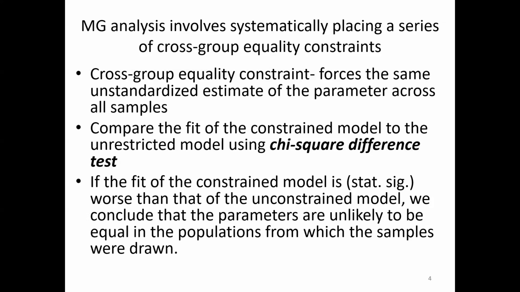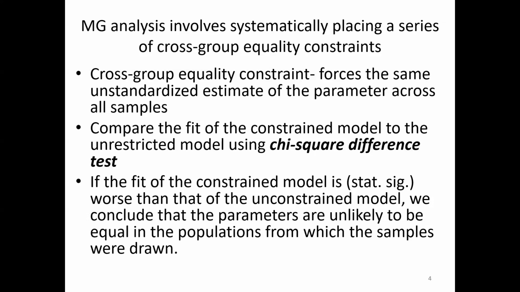So, okay, what we can do is start with a completely unconstrained model. Now, the unconstrained multiple groups model is going to be as unconstrained as it can be and still be identified, right? So for example, we have to have a marker variable to be identified.